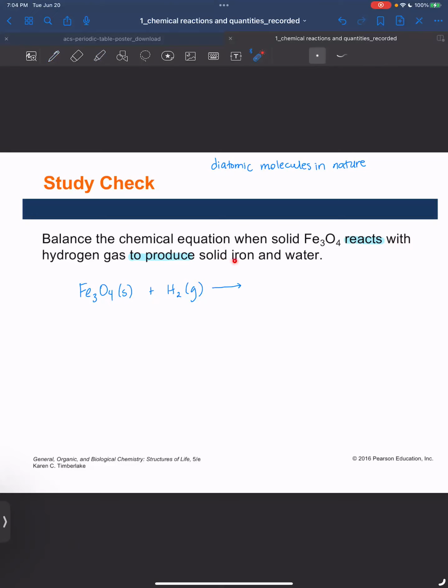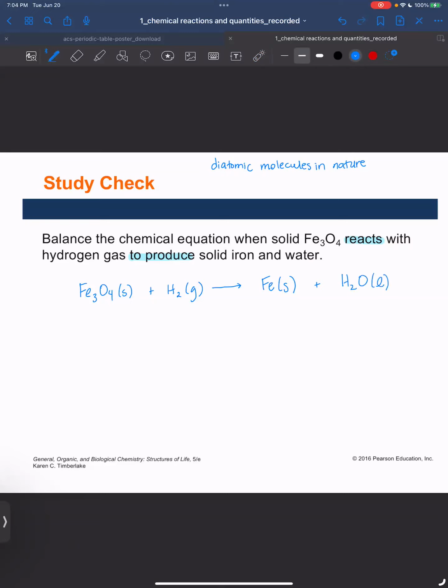And one of the products is solid iron. Now, iron is not part of the diatomic molecules, so you can assume it's monoatomic. And what I mean by monoatomic is you just write 1, there's no subscript, and it's solid. And water, which we know to be H2O, and we'll just assume that water is a liquid.